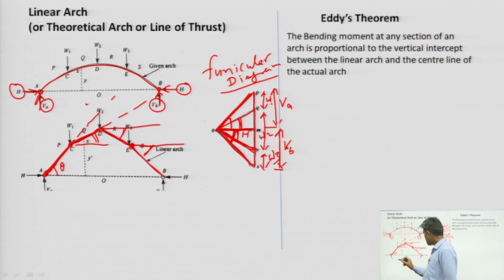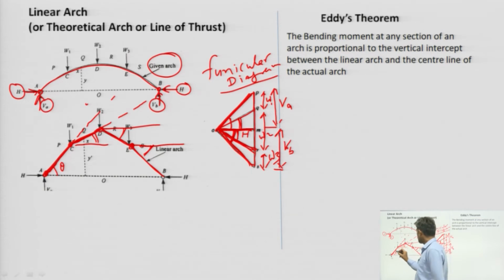A and B are hinges as in the case of the given arch. So, this is the given arch, and the members AC, CD, DE, EB.